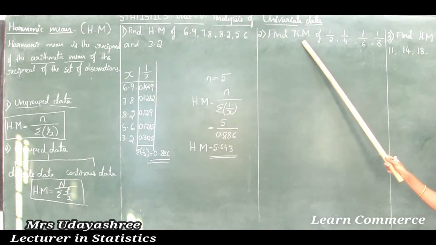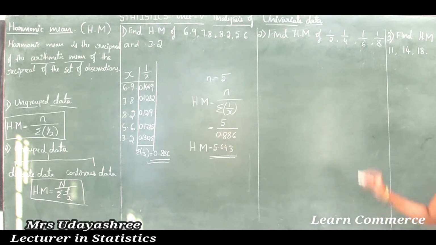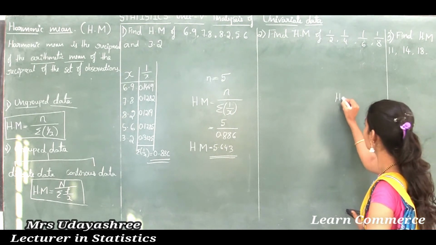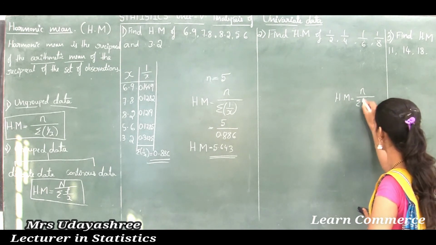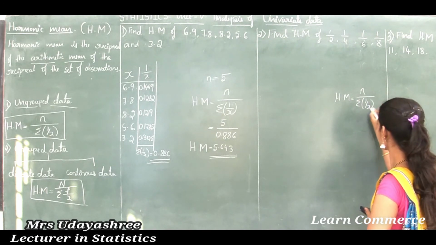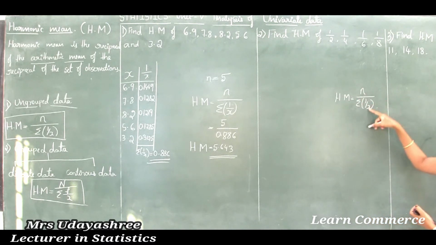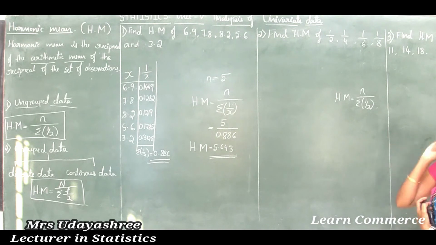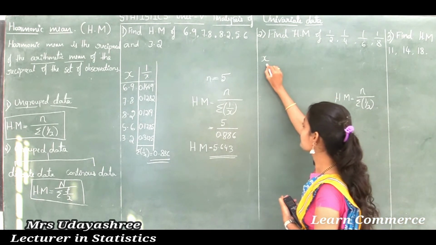To calculate harmonic mean in case of ungrouped data, the formula is harmonic mean is equal to n divided by summation 1 by x. Here we first need to write the x observations, the set of observations.